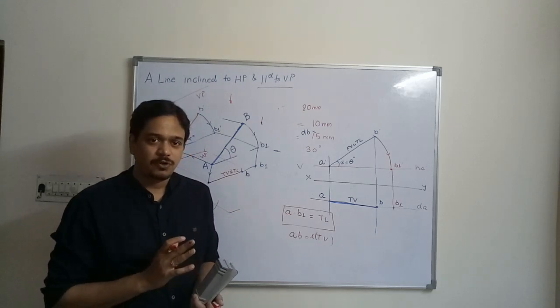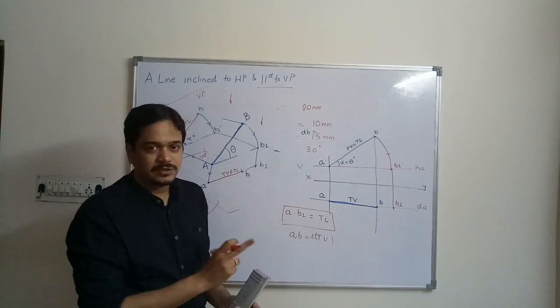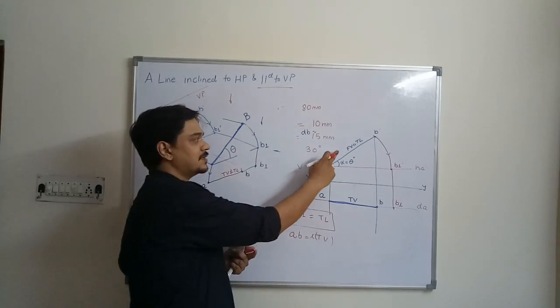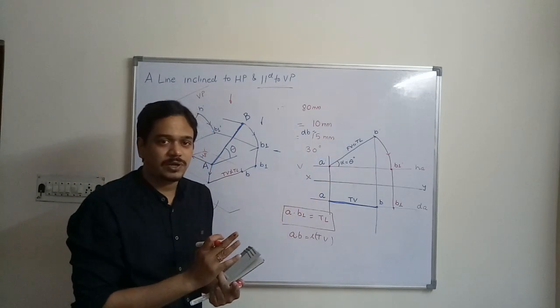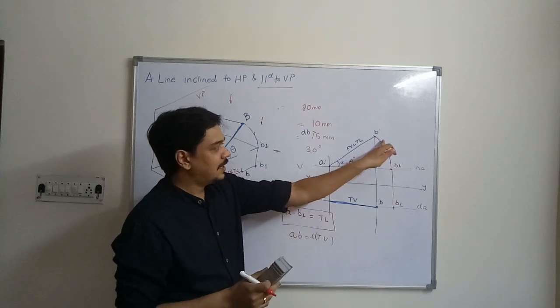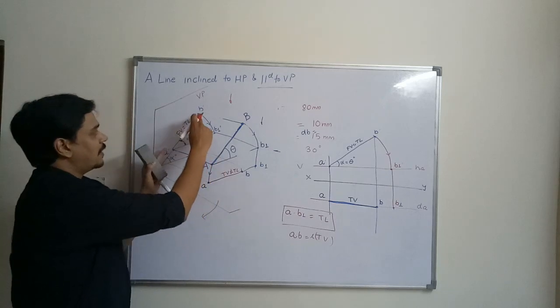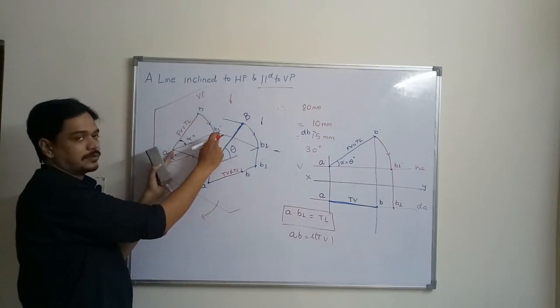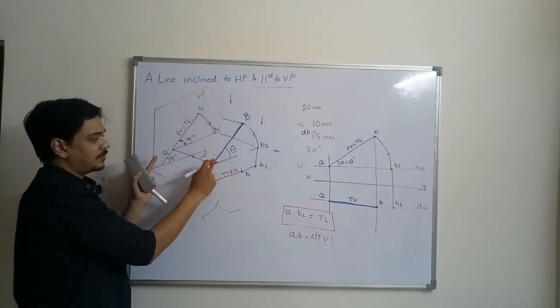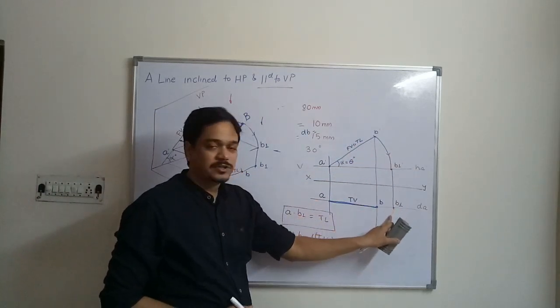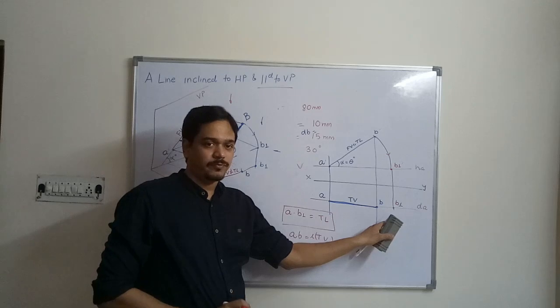So what procedure have we followed? We have rotated the front view and not the true length. In this case, front view length was equal to true length. That's why it seems like you are rotating the true length. But actually what we have done is rotated the front view length and then projected B1 dash up to this point to get the true length in top view.